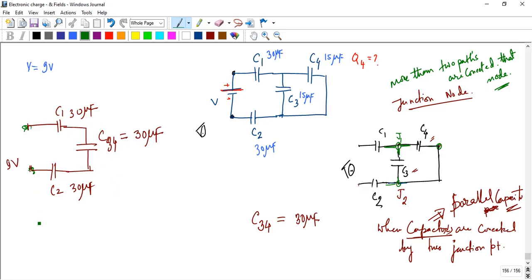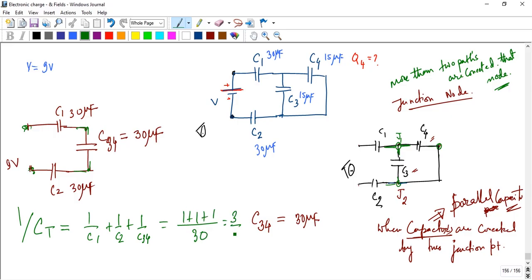So the total capacitance: 1 by CT equals 1 by C1 plus 1 by C2 plus 1 by C34. That is 1 plus 1 plus 1 upon 30, which is 3 upon 30, giving 1 by 10. The total capacitance is 10 microfarad.